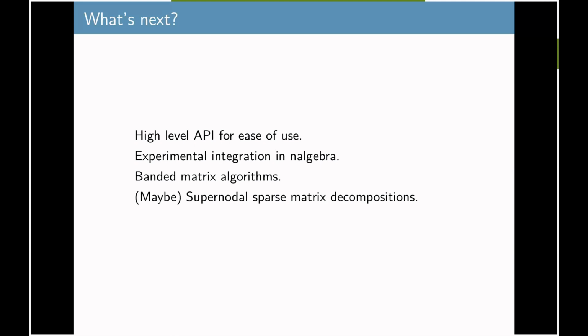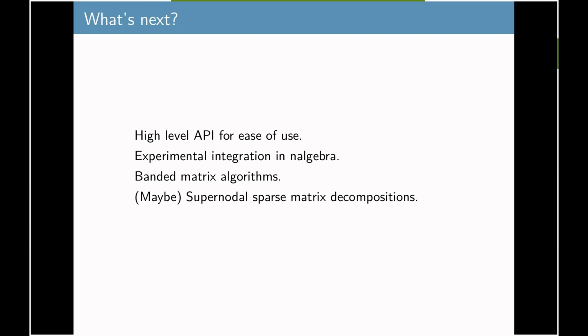So ideally, I would like to work on a high-level API that can be more accessible for users, and it can offer the same kind of performance without having to pay as much attention to all the steps in the algorithm, while still allowing an escape hatch so that users can use the low-level API if they want to get even more performance.